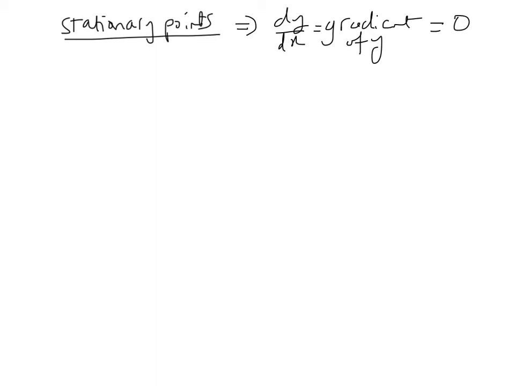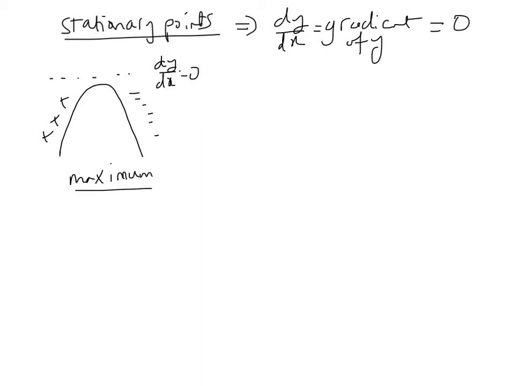And so that would imply there's actually 3 types. We can have something like this, where you've got positive gradient here, negative gradient there, and at this point dy over dx equals 0. So here we've got a maximum. This is called a maximum.